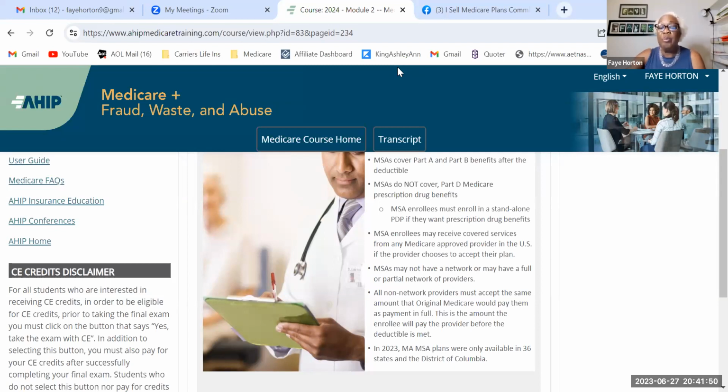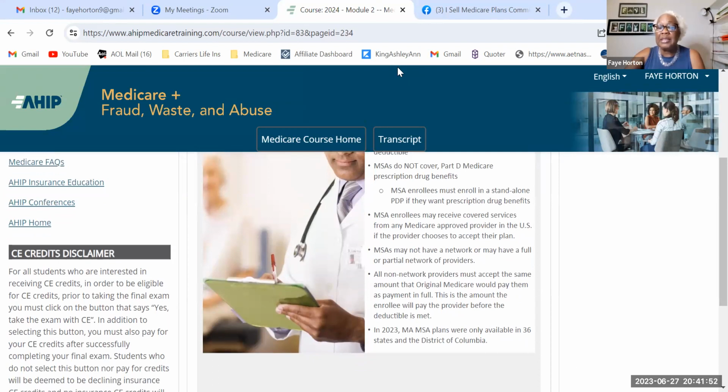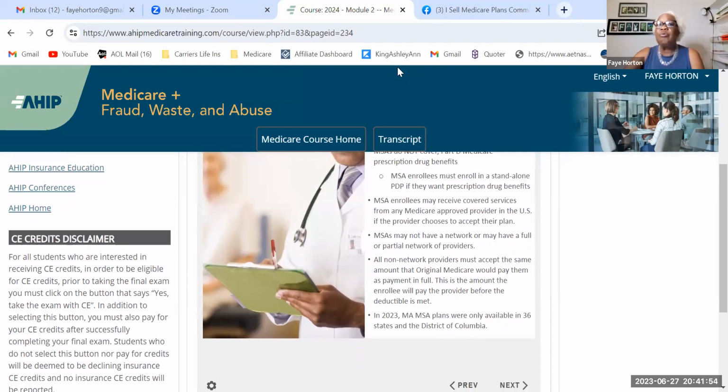All non-network providers must accept the same amount that original Medicare would pay them as payment in full. This is the amount the enrollee will pay the provider before the deductible is met.